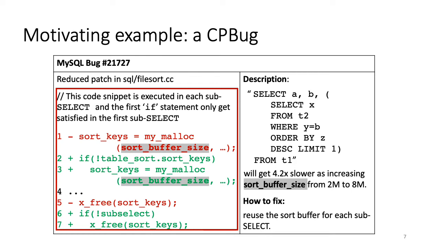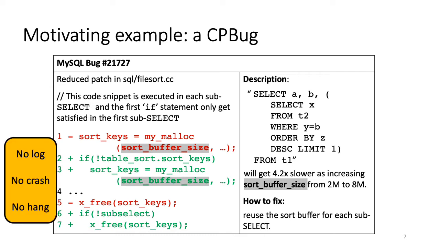It allocates memory of sort buffer size every time for a subselect. So if a subselect is executed many times, there would be redundant memory allocation, which causes the performance drop. In this case, MySQL does not output any log messages, nor crash or hang. So it's hard to decide if there is a bug.